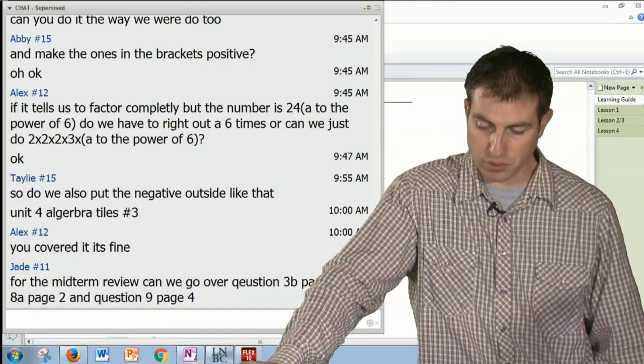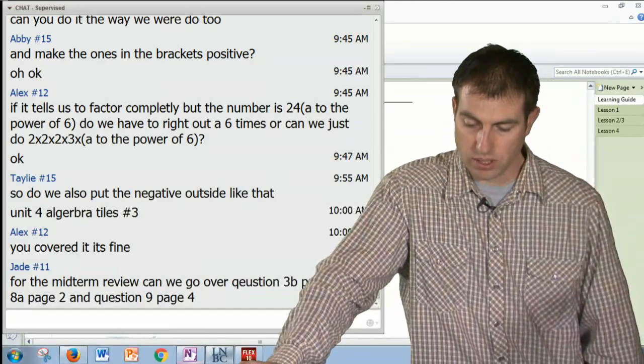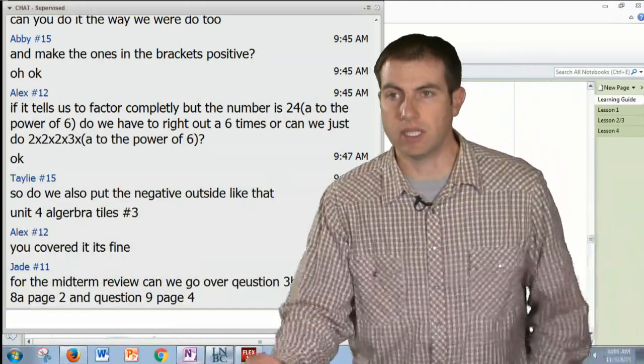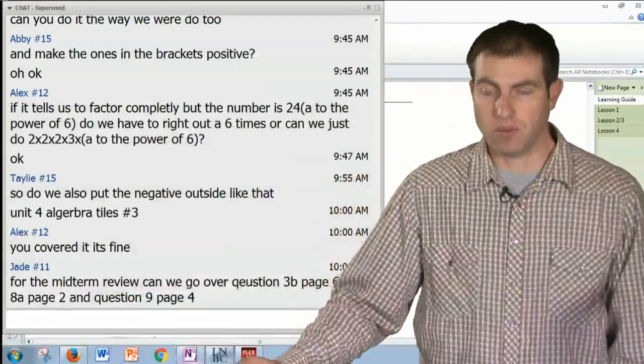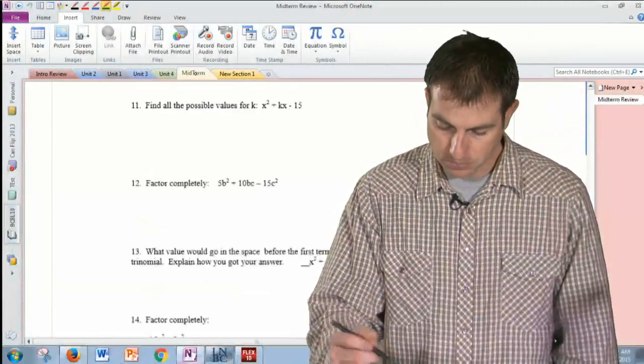From the midterm review, can we go over question 3B, page 6, and 8B on page 2, question 9 on page 4? Yes, definitely. Anything from Unit 4 or the midterm review, I would be happy to go through.